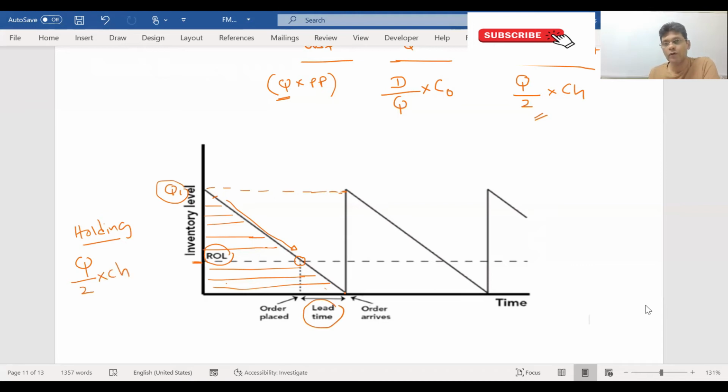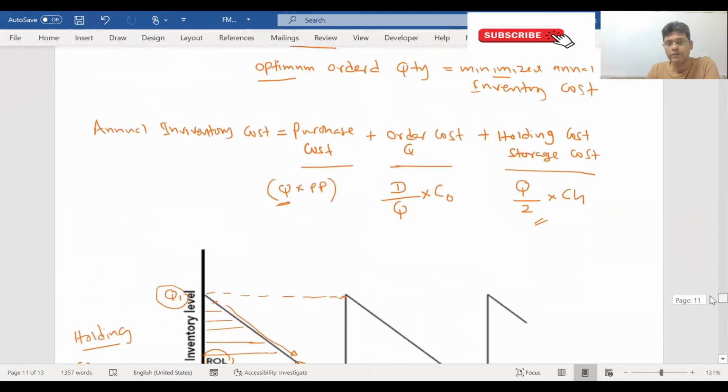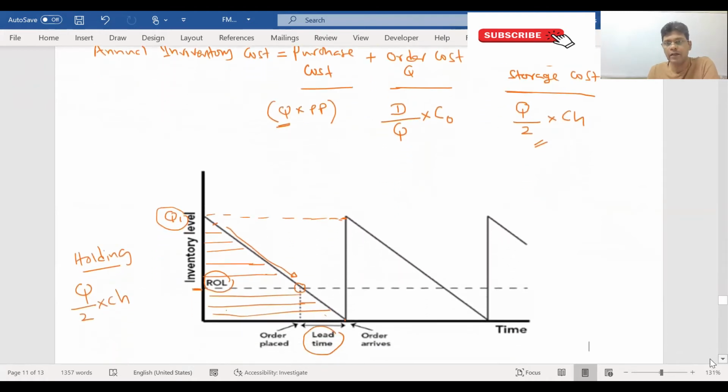So this is how you arrive at calculating the holding cost. To calculate holding cost, we need to take the average stock. So this is the reason behind why we take the average quantity.